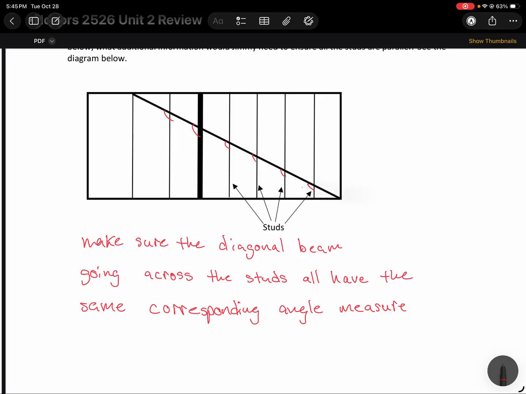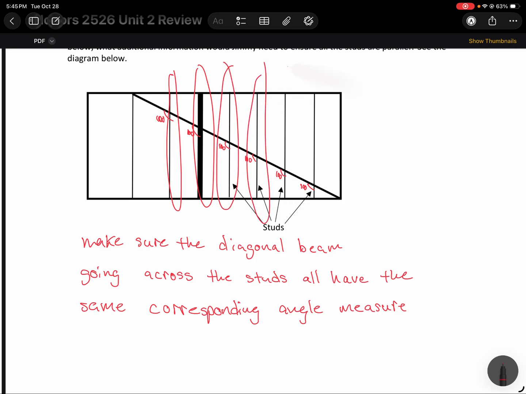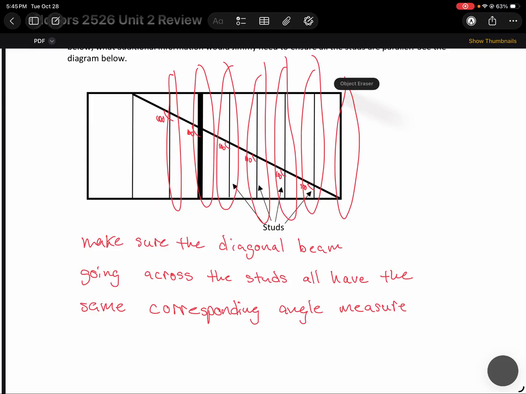So as long as all of these are, I don't know, 100 degrees, then I know that all of these are going to be parallel. Okay.